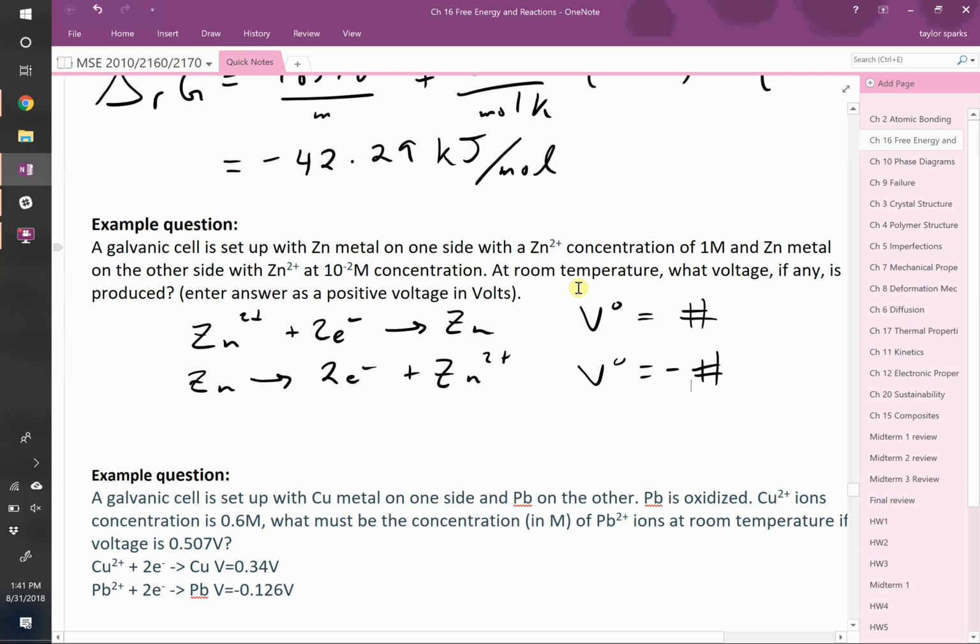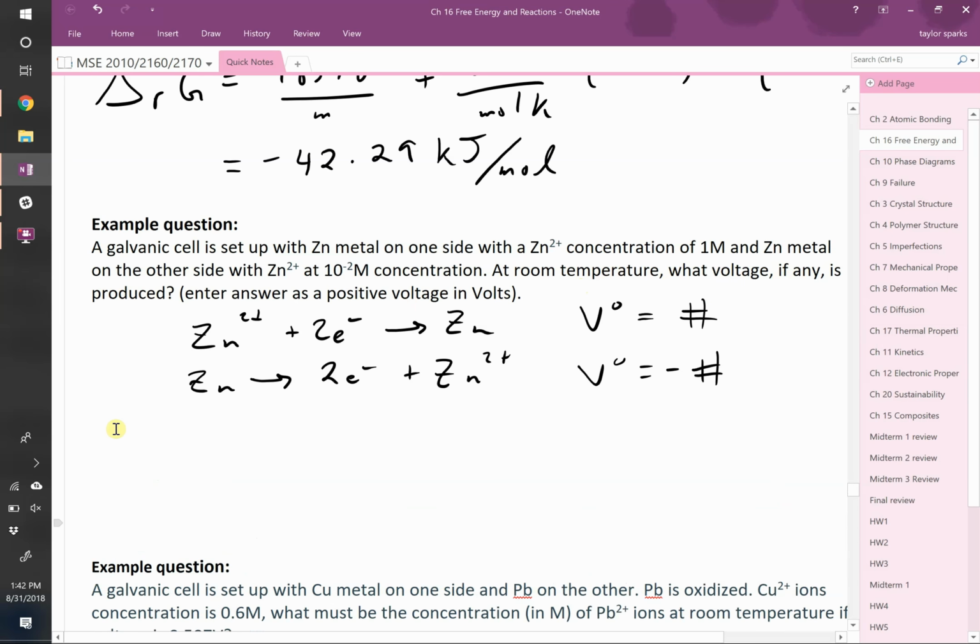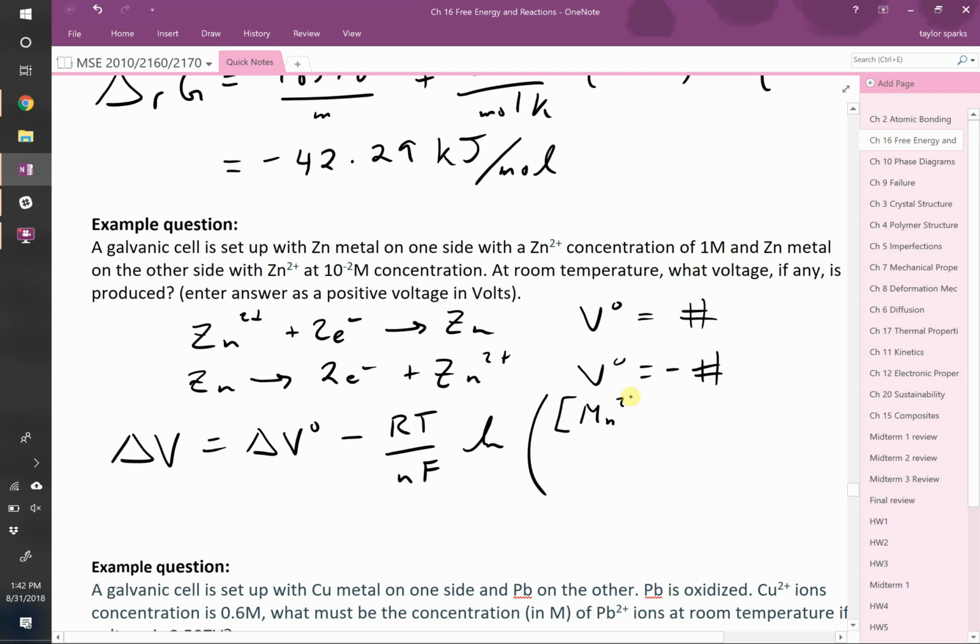It might be tempting to say, oh great, these things just add up to 0, so there's 0 voltage. But that's forgetting the experimental part. So the cell potential, delta V, is equal to the overall cell potential, delta V naught, again, terrible name, minus RT over NF, natural log of the concentration of our oxidized species divided by our reduced species.